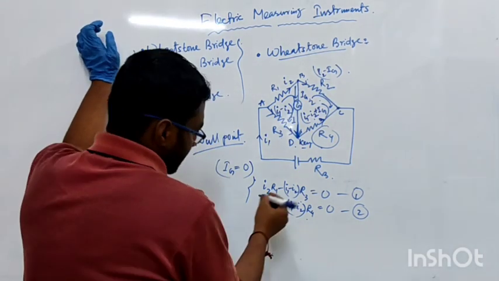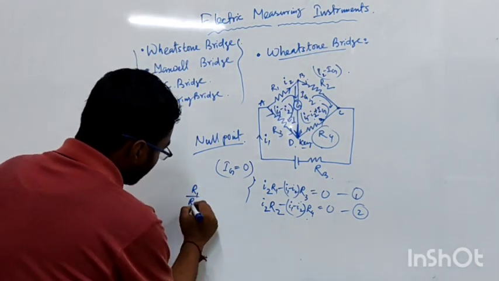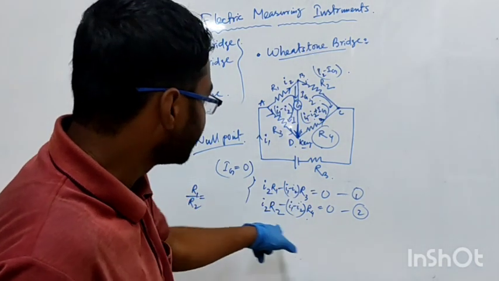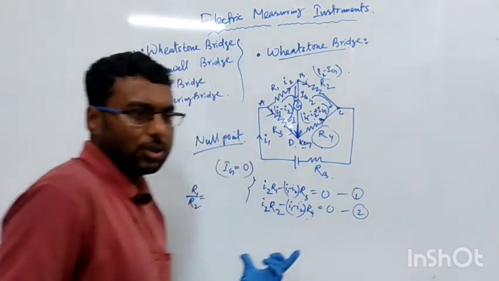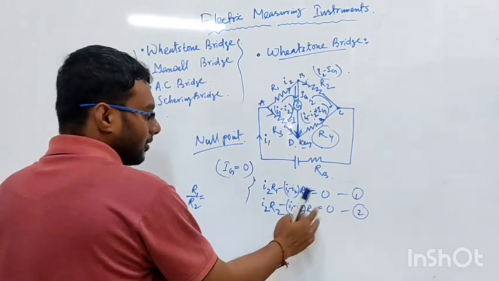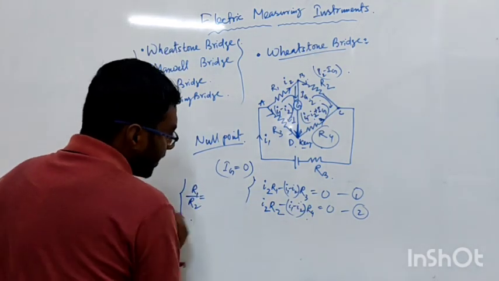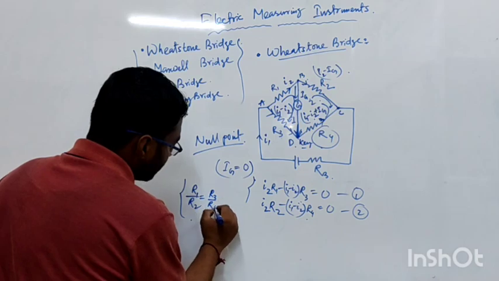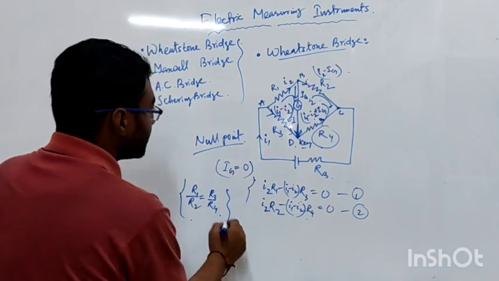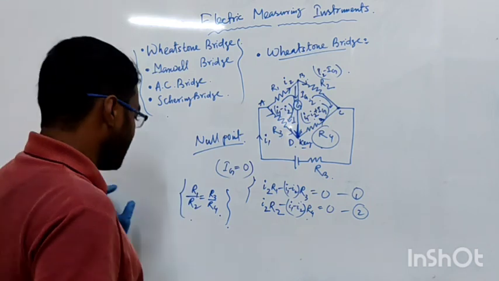What will be the condition? As we see, the two equations are similar. If these two equations are valid, then it is possible when R1 by R2 is equal to R3 by R4.